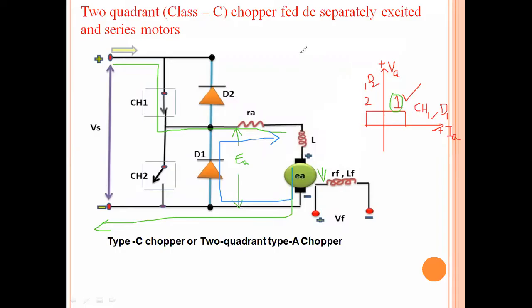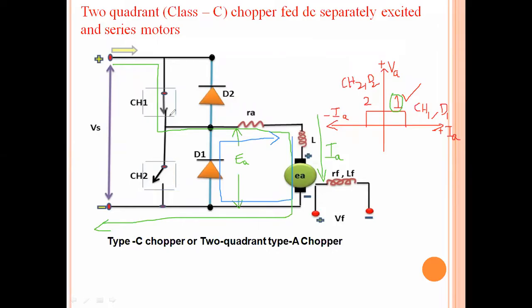Now let's see how we will attain the second quadrant operation. To attain the second quadrant operation, switch 2 must be turned on.